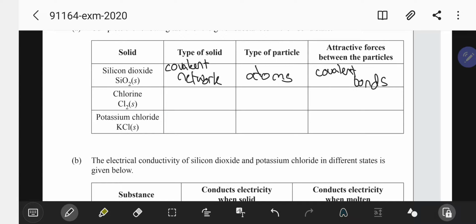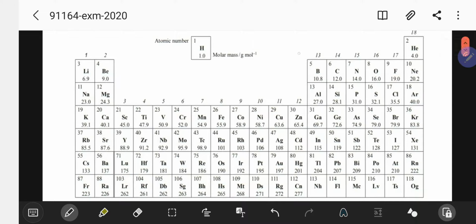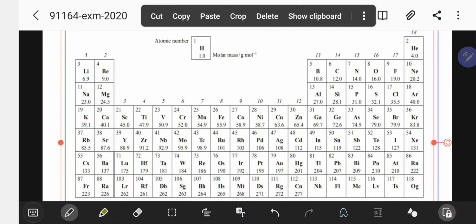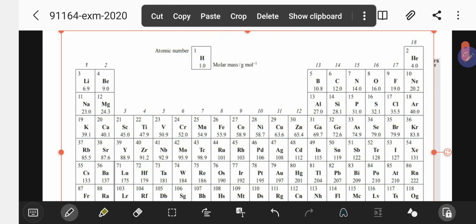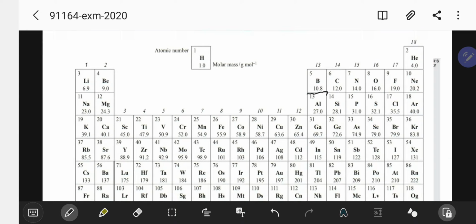For chlorine, it's a molecular solid, because if we put a staircase between the boron and aluminium, like this, then everything on the left are metals, except for hydrogen obviously, and then everything on the right are going to be non-metals.